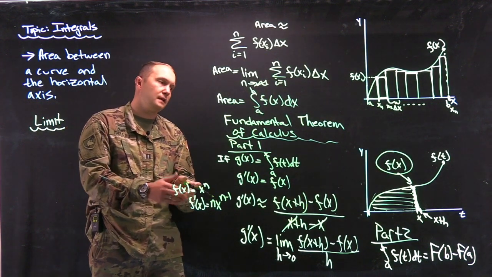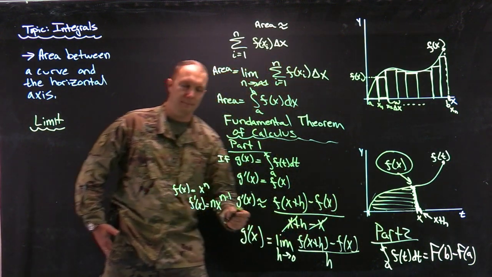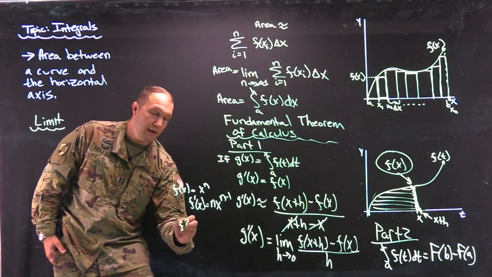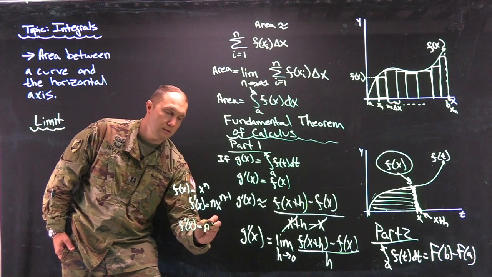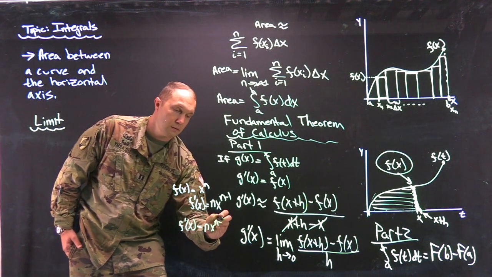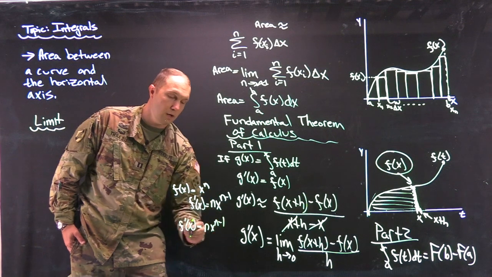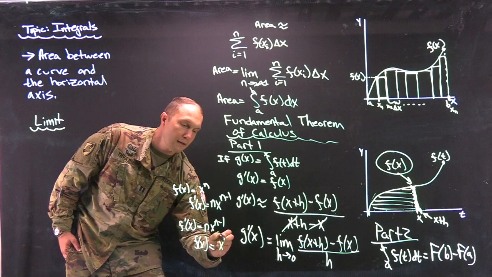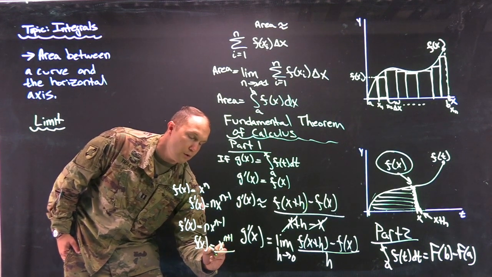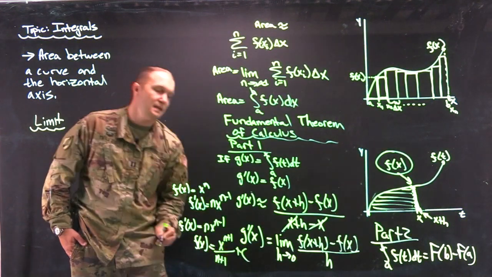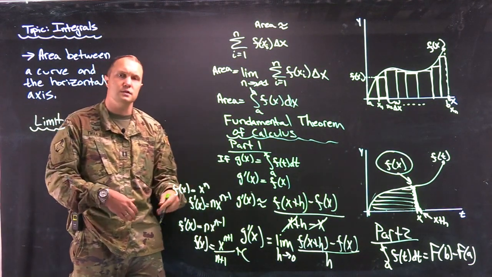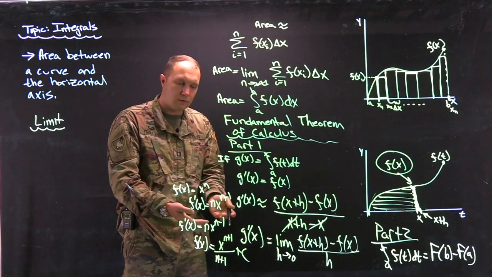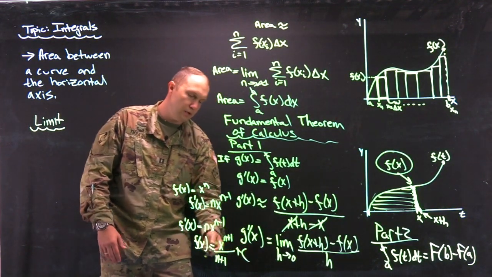We take what's called the antiderivative, which is represented by big F. So if we have f prime of x equals n times x to the n minus 1, then f of x equals x to the n plus 1 over n plus 1 plus c, where c is this constant of integration, because the derivative of a constant is just 0, and so if we're working backwards, then we have to have this constant of integration.